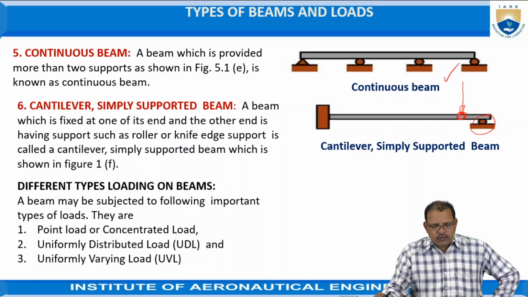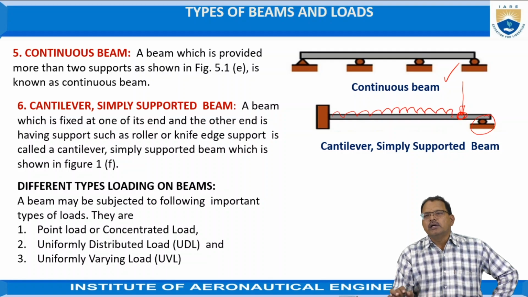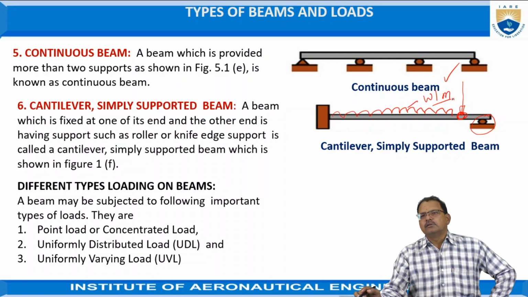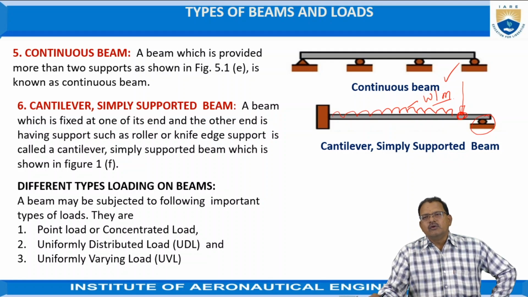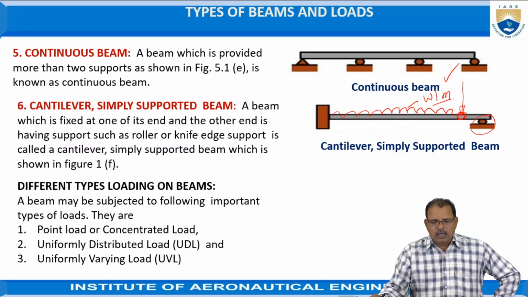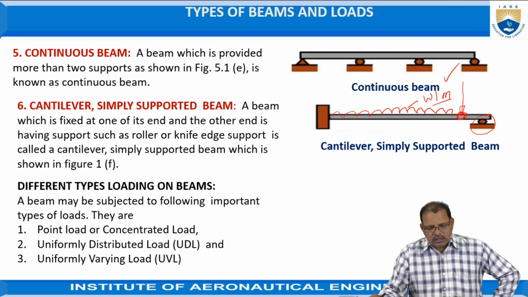The second one is uniformly distributed load. That is, the load is distributed over the length of the span at a certain rate, here W per meter length. Then the uniformly varying load, where the load gradually varies from one end to the other end along the length of the beam.